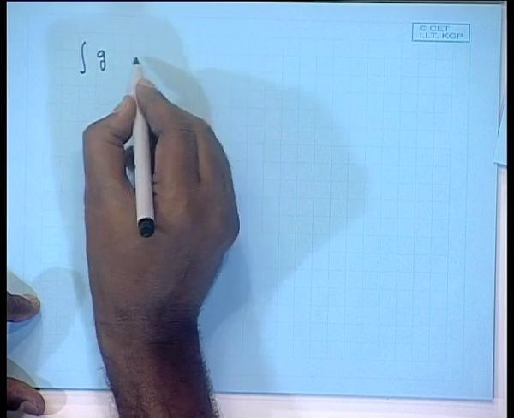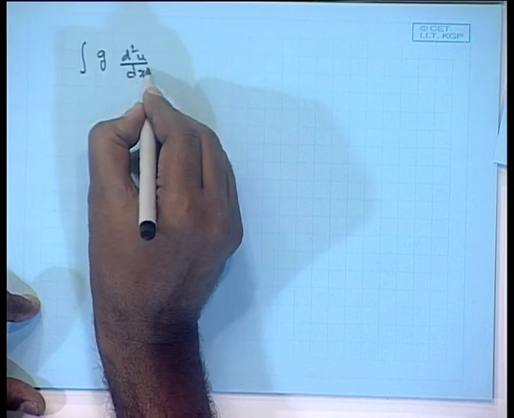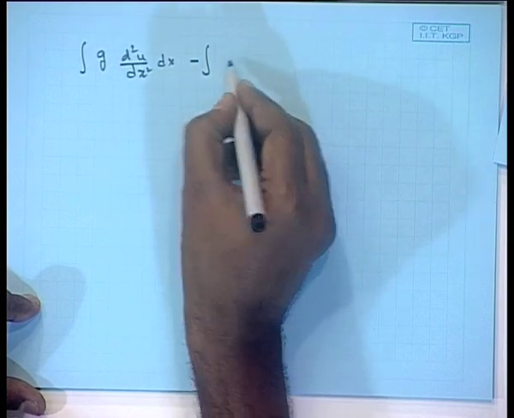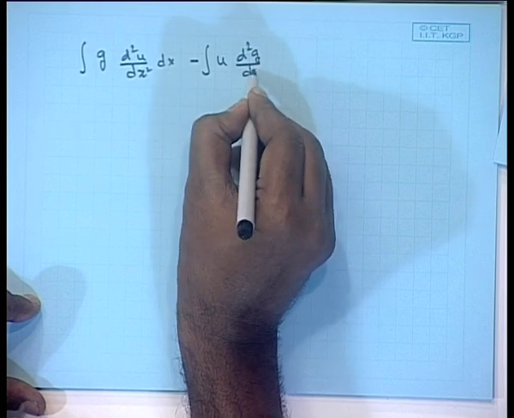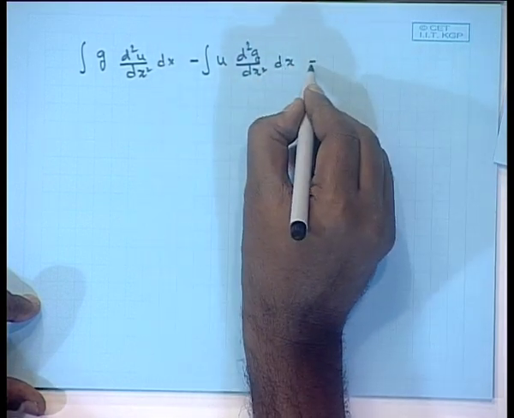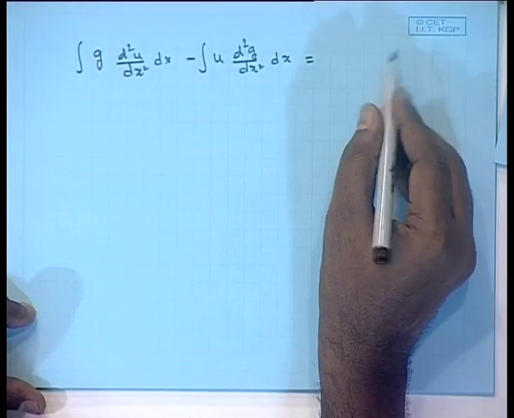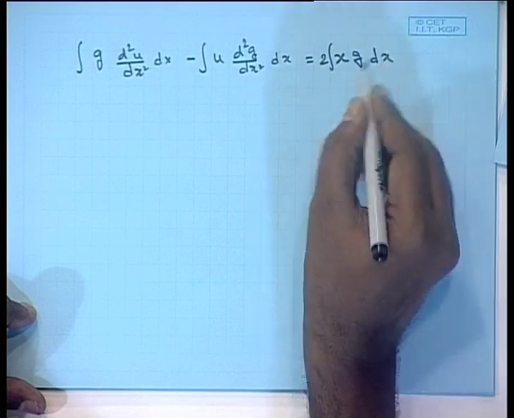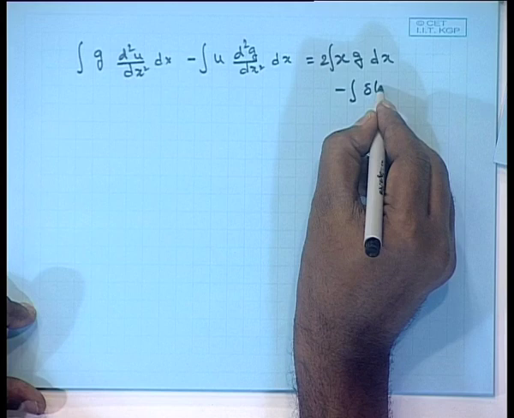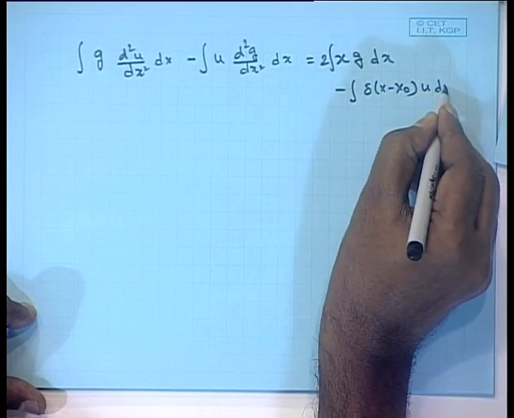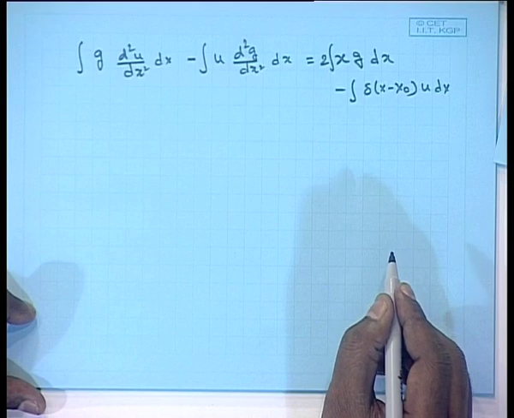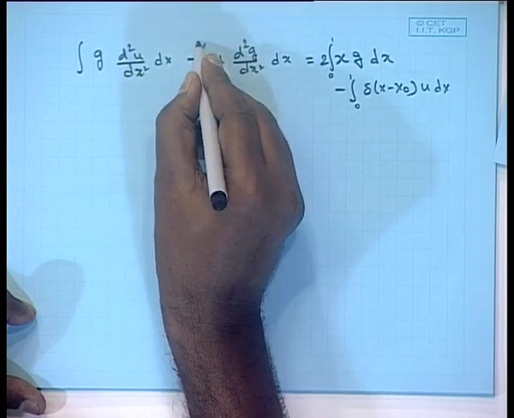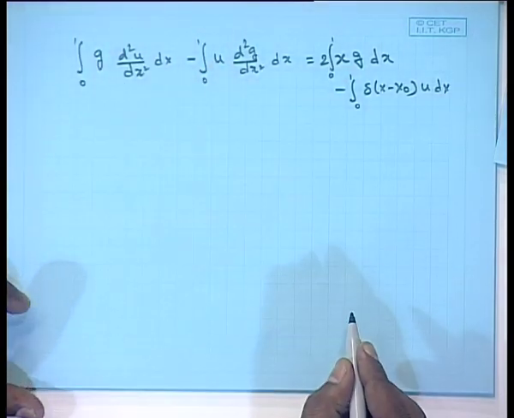Integration g d square u dx square dx minus integration u d square g dx square dx is equal to integration 2x g dx minus integration delta x minus x naught u dx, right. And all these integrals are from 0 to 1, the domain of x. This is a one dimensional problem where the domain of x is from 0 to 1.